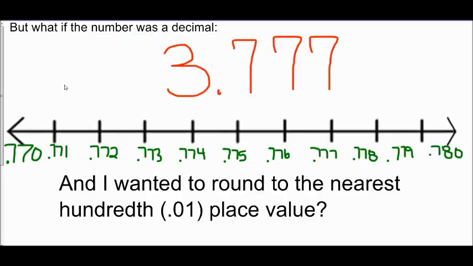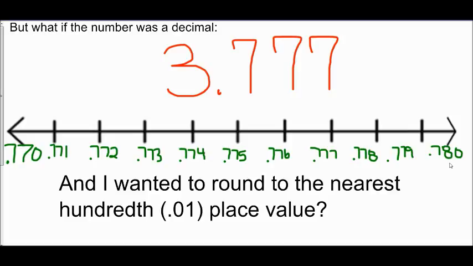But what if the number was 3 and 777 thousandths? It's the same concept here. Here's my number line. 770 thousandths, 771 thousandths, 772 thousandths, 773 thousandths, 774 thousandths, 775 thousandths, 776 thousandths, 777 thousandths, 778 thousandths, 779 thousandths, and then 780 thousandths.